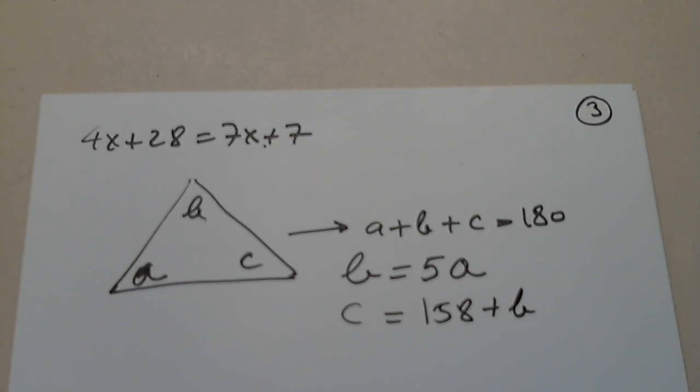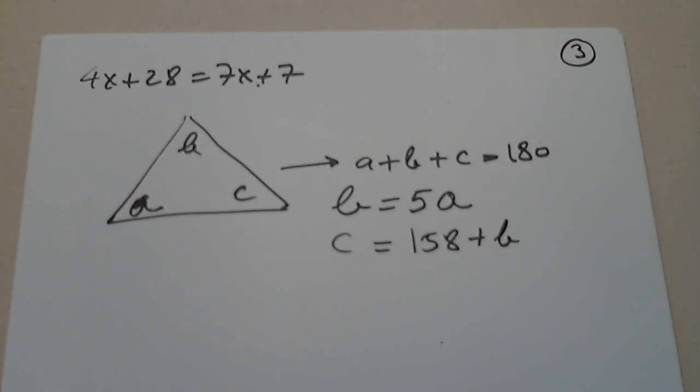Good. So the second angle measures 5 times the first. That's clear. The measure of the third angle is 158 degrees more than the measure of the second. Okay, find all three. Good. So this is a little bit different than what we looked at. Why?